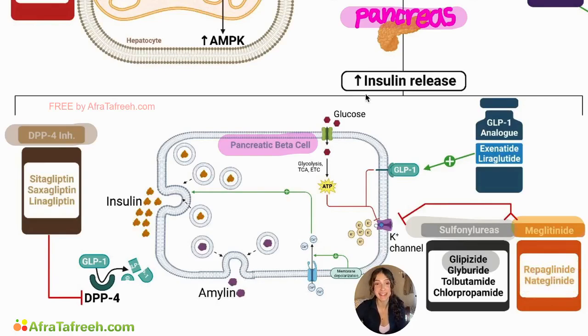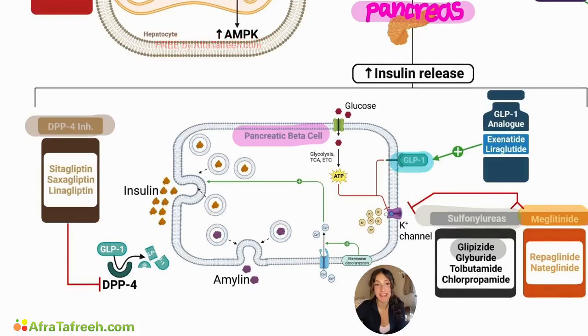In addition to acting at these potassium channels, there's a couple of other drugs that act at the pancreatic beta cell level as well. And to understand the action of these, first we need to talk about the molecule GLP-1. GLP-1 has several important roles, like decreasing gastric emptying, which we talked about at the GI level on this pathway.